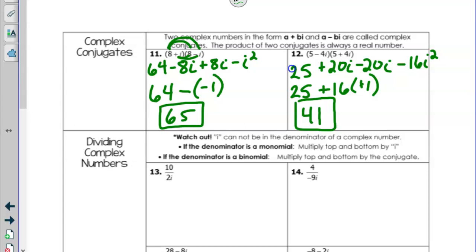All right, this next part, the dividing complex numbers. My biggest concern with this is when we talked about rationalizing the denominator, a lot of you didn't know what that was. But do you remember, let me go to a different screen, don't write this down, just follow along. When you had something like 5 divided by the square root of 3, we talked about how irrational numbers in the denominator can't happen.